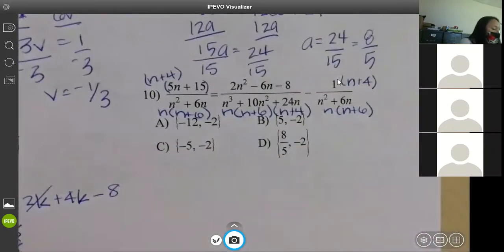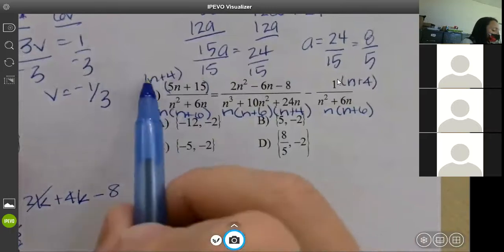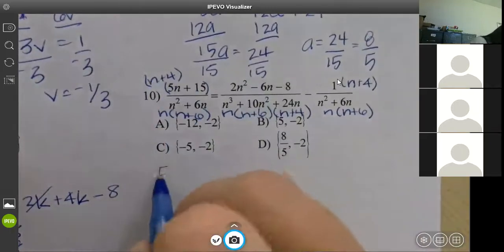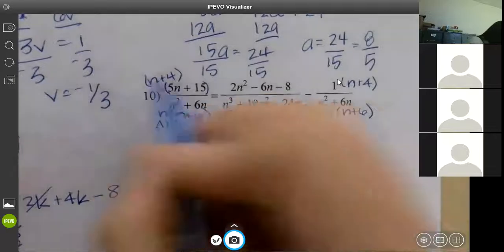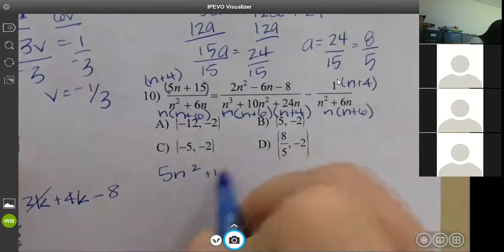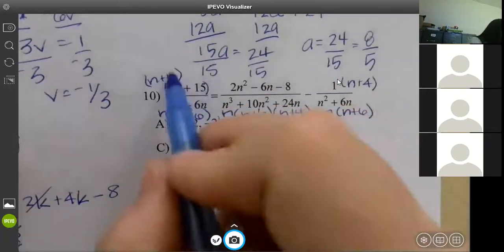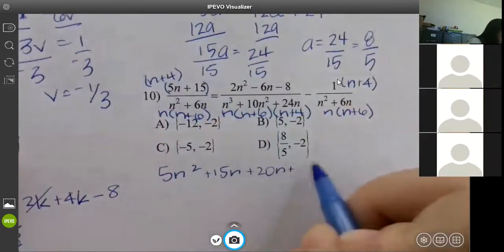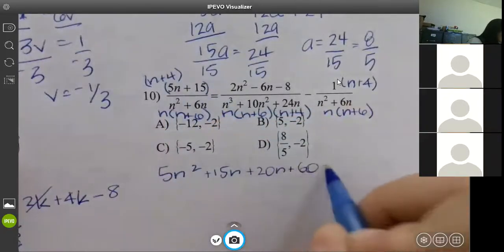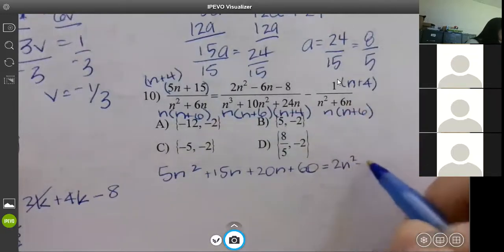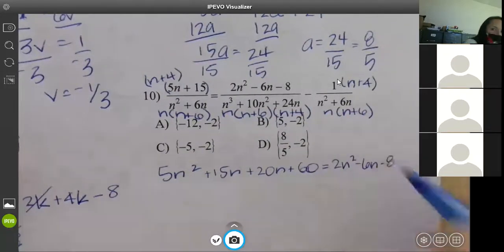Okay. Double distribute. These are really crappy, sorry. N times 5n. N times 15. 4 times 5n. 4 times 15. Then this one was fine, 2n squared minus 6n minus 8.